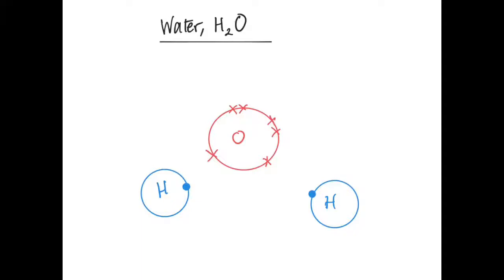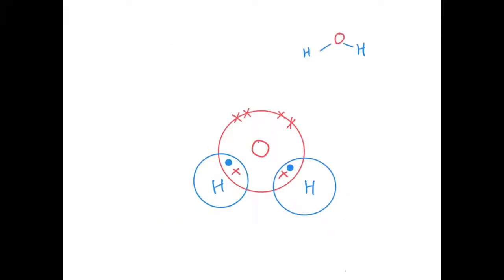If you take water, H2O, oxygen's got 6 electrons in its outer shell, hydrogen has 1. So oxygen needs to gain an extra 2 electrons, or have a share in 2 electrons, to get a full outer shell. And the way that it does this is it shares this electron with this hydrogen. This hydrogen then shares this electron back with the oxygen. Same for this one.